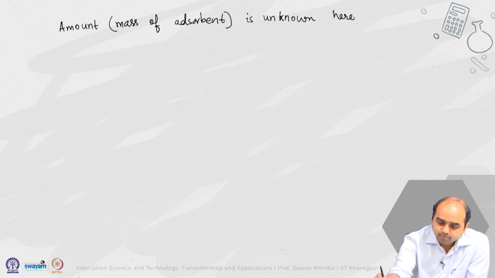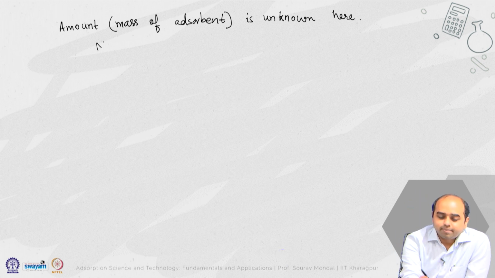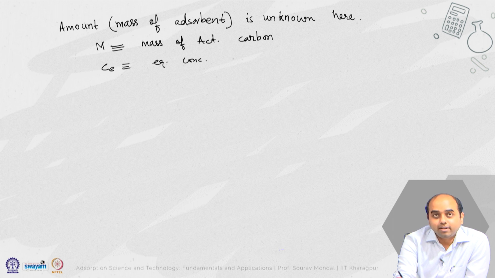So, let us define the mass of the adsorbent as m. Ce is the equilibrium concentration, and in this case the value of the equilibrium concentration is already known from the problem, and that is defined as 0.05 kg per meter cube.